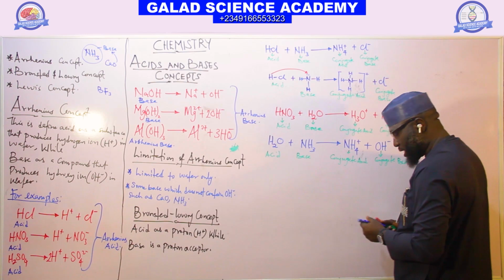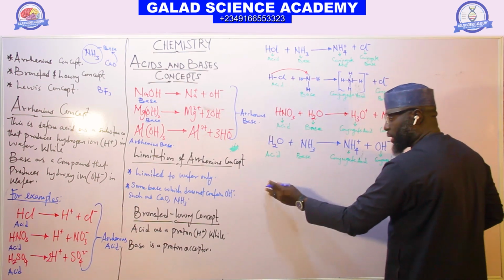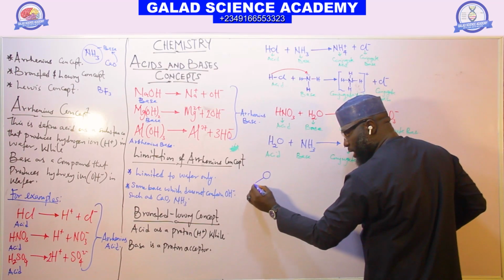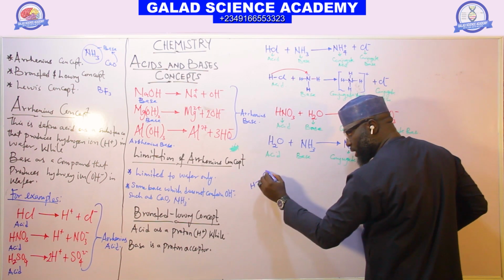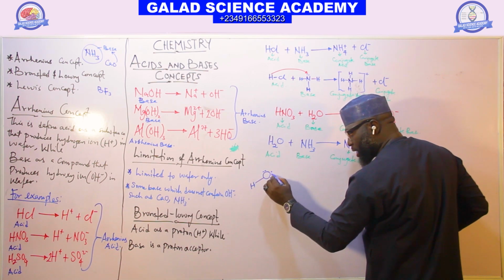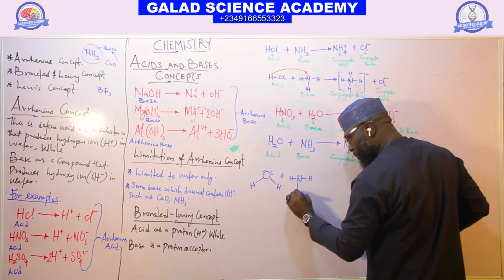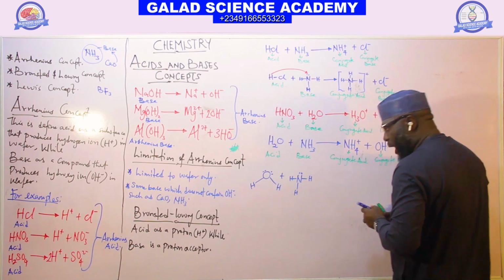And again, let me show you how this is an acid, because an acid is a substance that produces a proton. So this is the structure of water. We have done it in chemical bonding, it has lone pairs. If it now reacts with ammonia, with a lone pair, what should happen here?